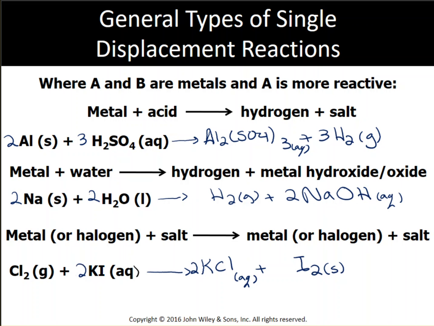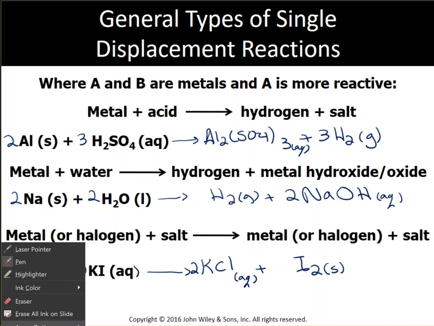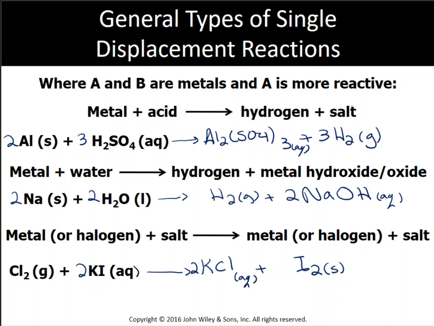Now the general rule for the reactivity of halogens is that as you go down, the activity decreases. So F2, Cl2, Br2, I2, and this is the activity series for halogens.